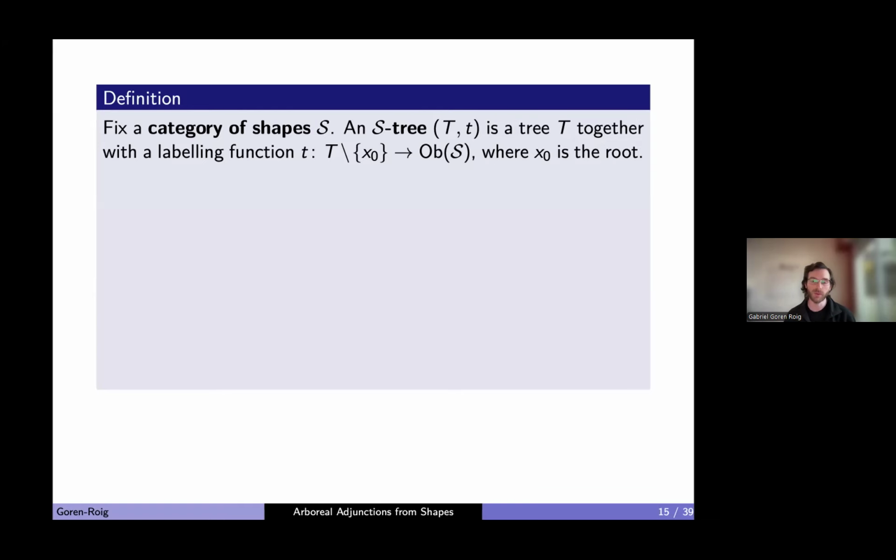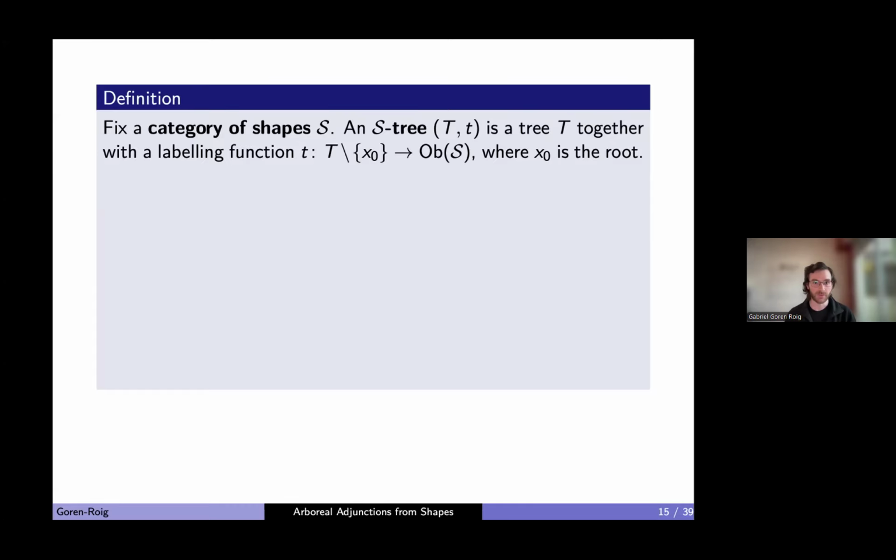And then I will also mention a lot of tree morphisms. The tree morphisms have to respect the root, and they have to respect the successor relation in these trees, or the successor or child relation, however you want to call it. And then there's a labeling function, which is this lowercase t.